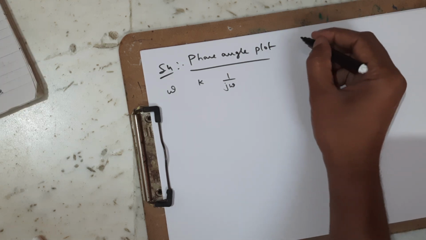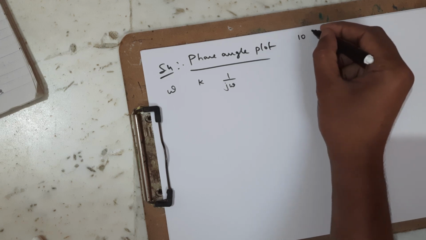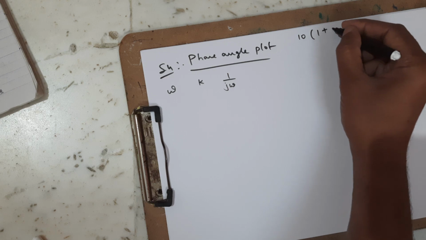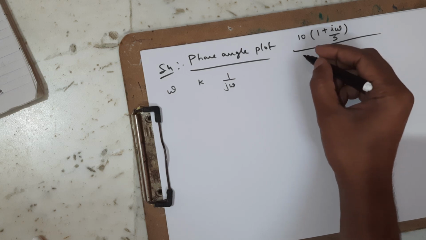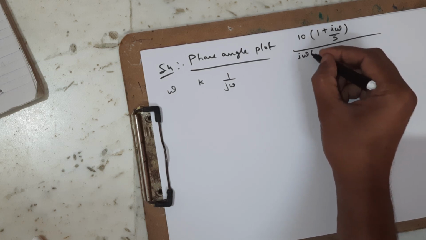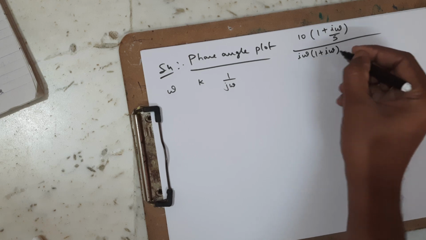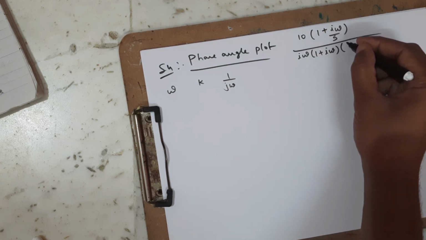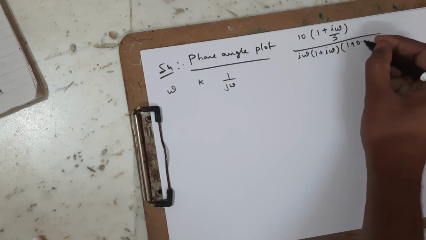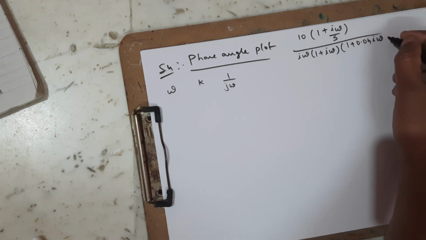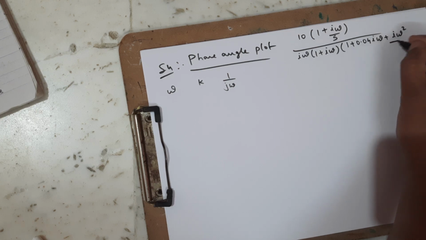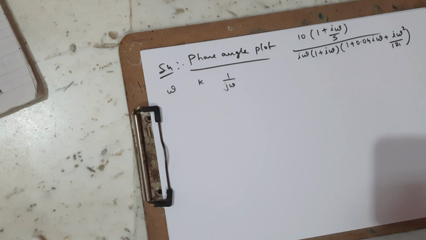Wherever s is there, I am going to write j omega. 10 divided by j omega by 5 plus 1, then j omega, 1 plus 0.04 j omega plus j omega square divided by 121, correct?